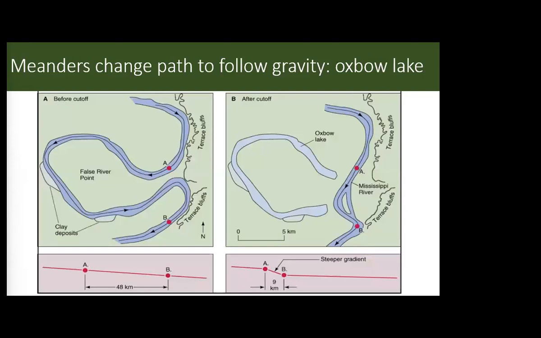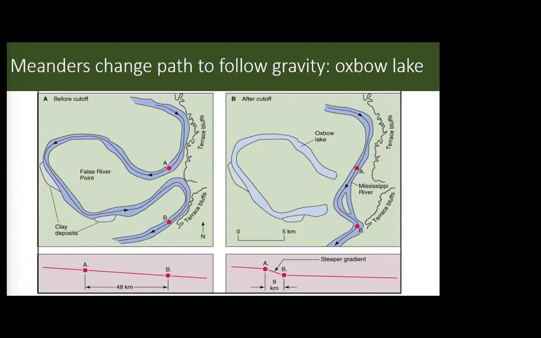So as we saw with that image of the Amazon, we can eventually get a point where it's just a lot quicker for the water to jump the distance. Say during a flood event, if we have this portion of the Mississippi with this massive meander, and we get a flood, we increase the water volume.